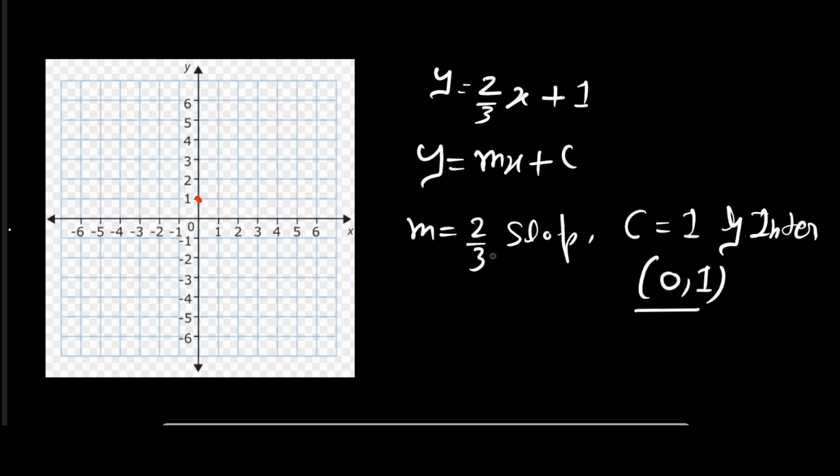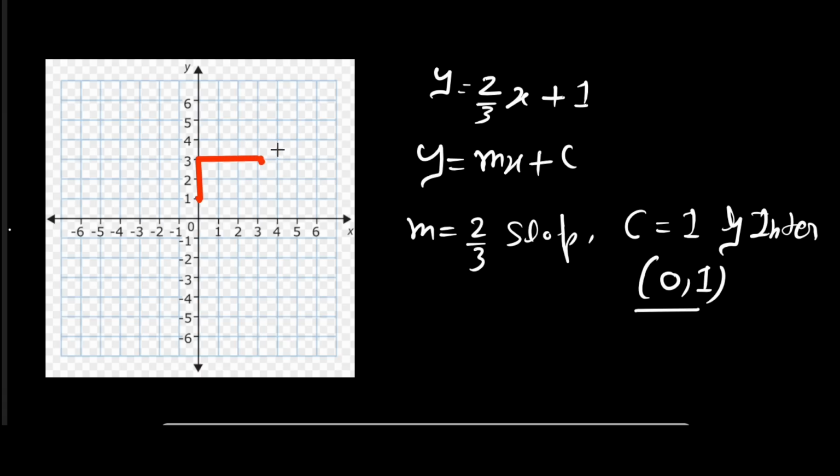So plot another point with this y-intercept point. We have to rise 2 units and run 3 units. So rise 2 units from here, and run 3 units from here. This is our next point.